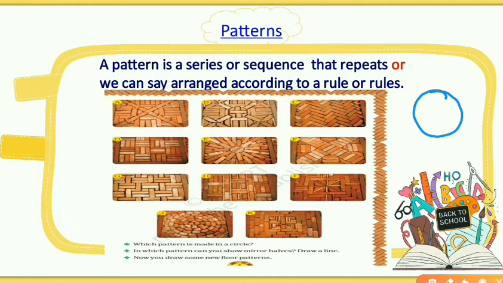If you look through the figures given here, look at this figure J. What do you think? Here you will see the arrangement of bricks is in a circular manner, isn't it? So the answer to which pattern is made in a circle will be J.